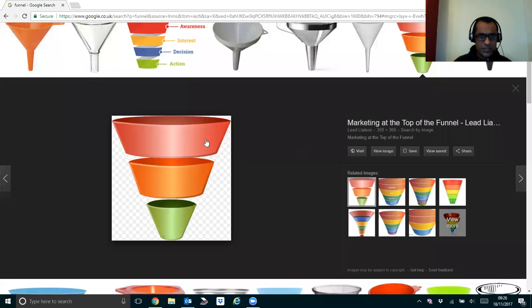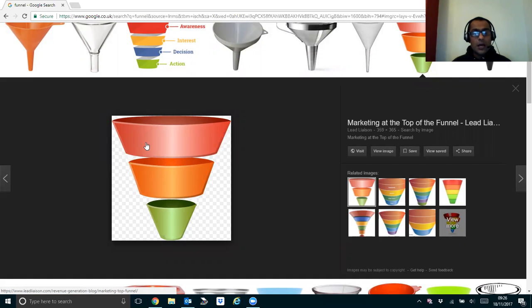Let me switch to sharing my desktop instead, and you can have a look at this picture. This is what they would call a funnel, and at the top you're targeting the most people.